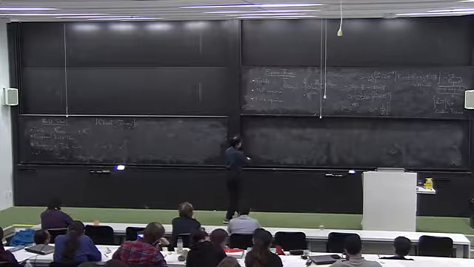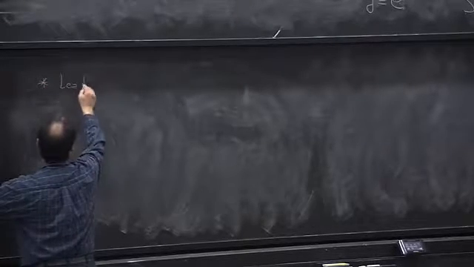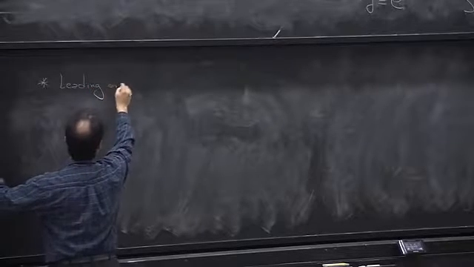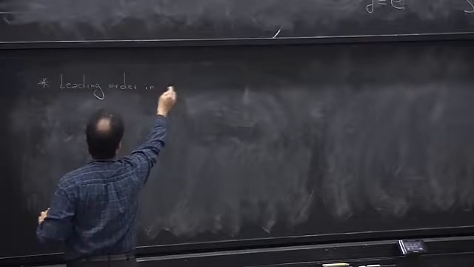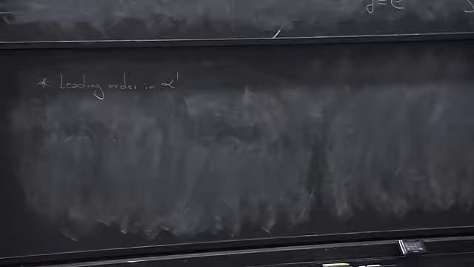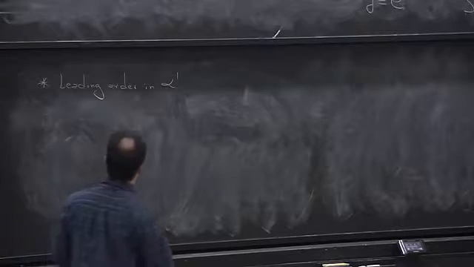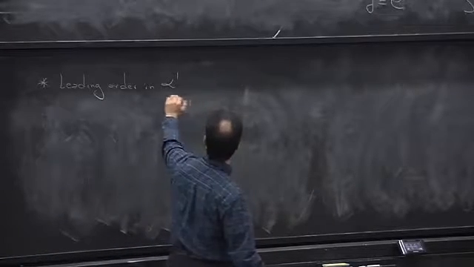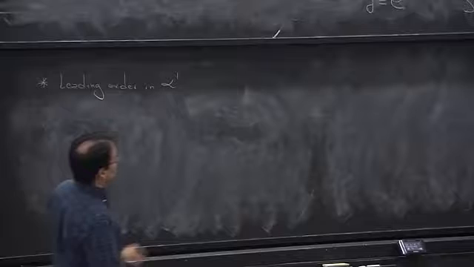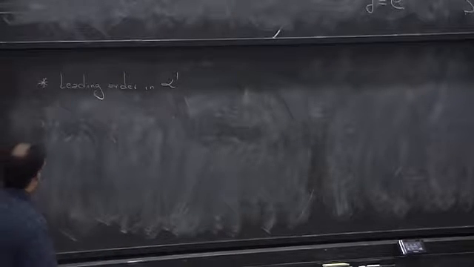So the action we have there, we said, is leading order in alpha prime. So that's an effective action which is valid when you have very small curvatures, okay? Long distances and small curvatures. So that action should be a very good approximation to what the string is telling the space-time to do.